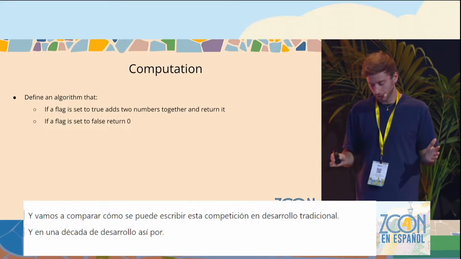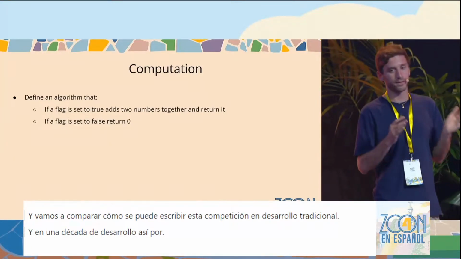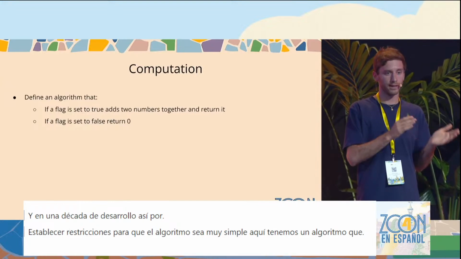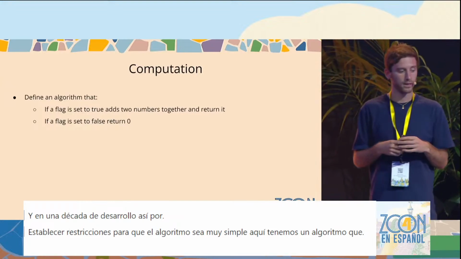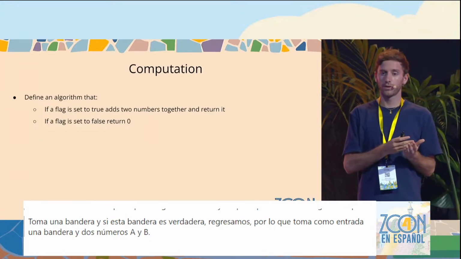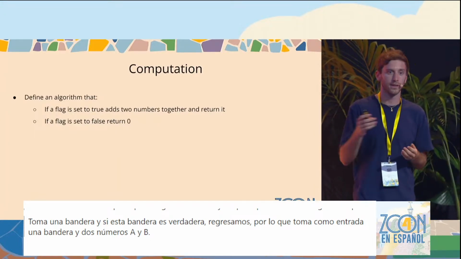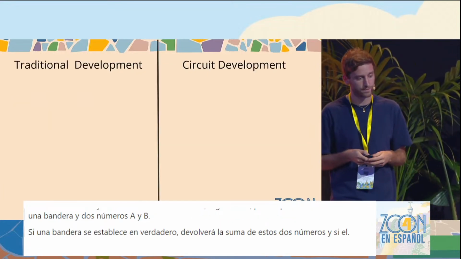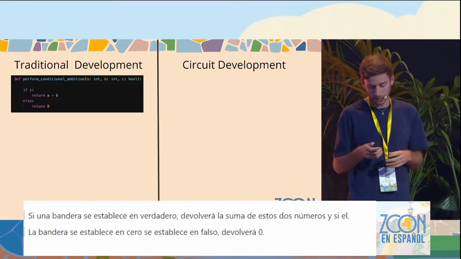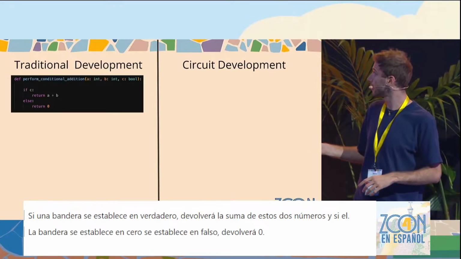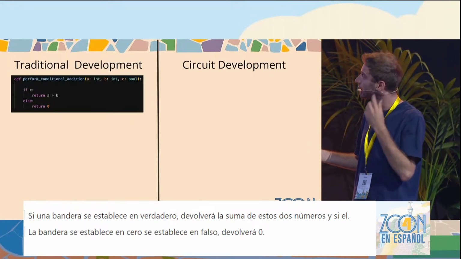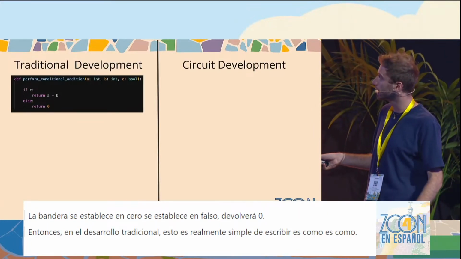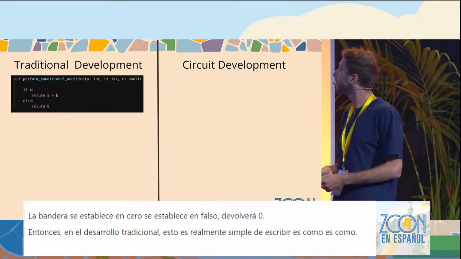It takes as input a flag and two numbers, A and B. If the flag is set to true, it will return the sum of these two numbers, and if the flag is set to zero, false, it will return zero. In traditional development, this is really simple to write. It's some Python code, and you have this very easy to use if-else condition, and it will work.